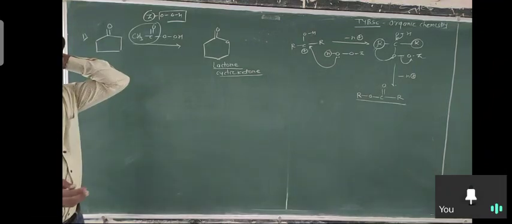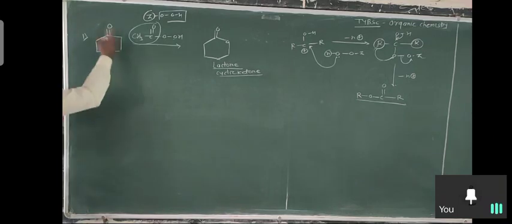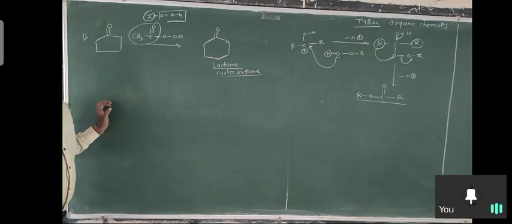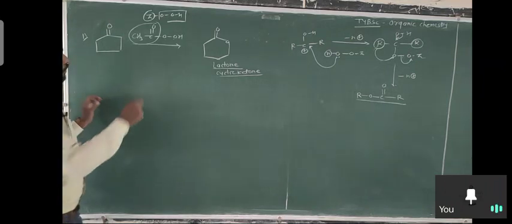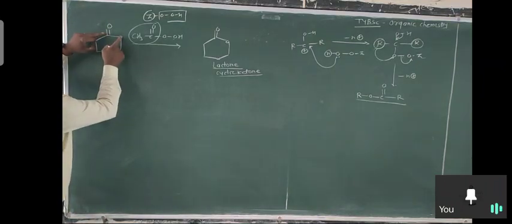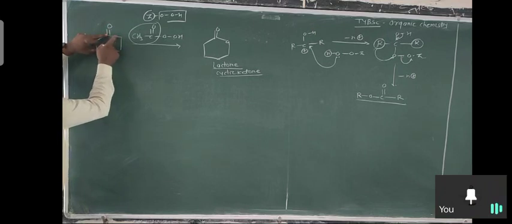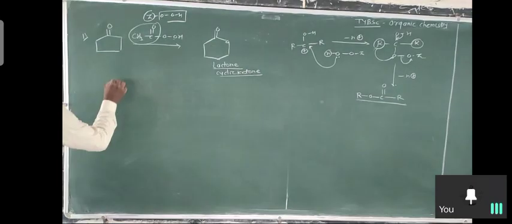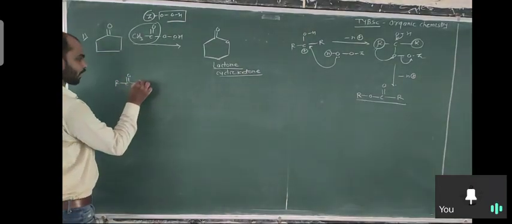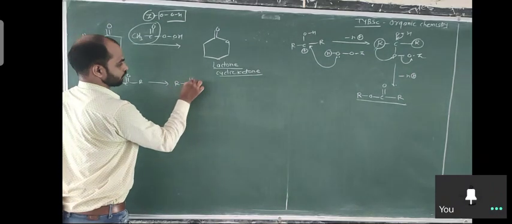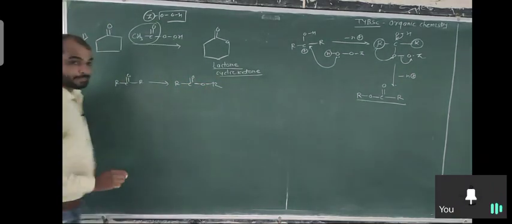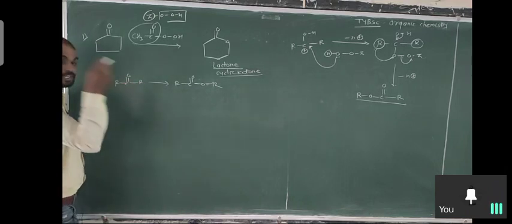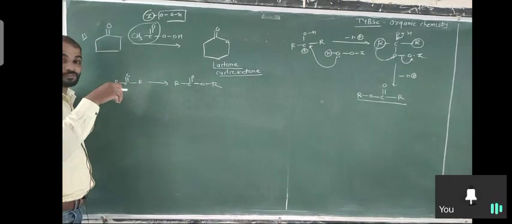It is a ring expansion when a cyclic ketone undergoes Baeyer-Villiger oxidation. There is an introduction of oxygen between this alkyl carbon and the carbonyl carbon. Basically, R-C double bond O-R is converted into R-C double bond O-O-R. So what happens here between this alkyl carbon and carbonyl carbon is an insertion of oxygen.